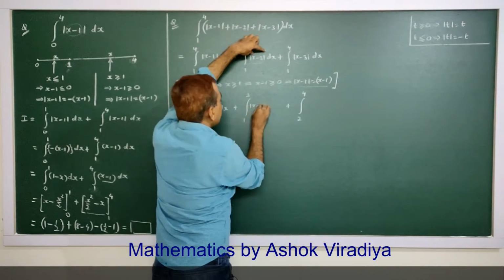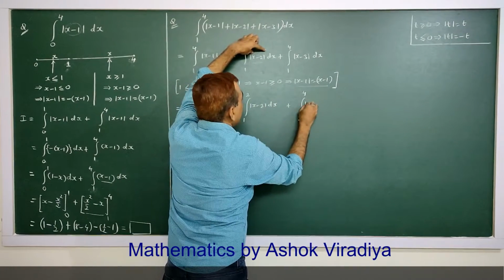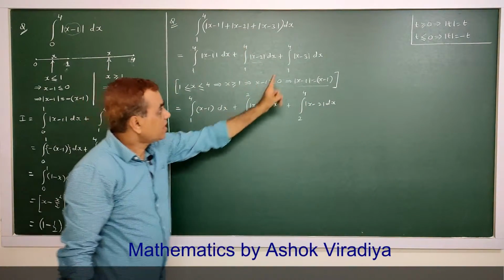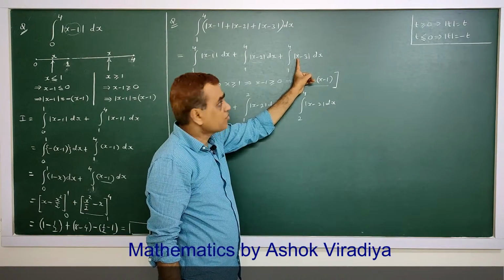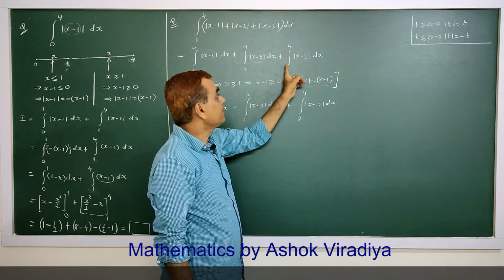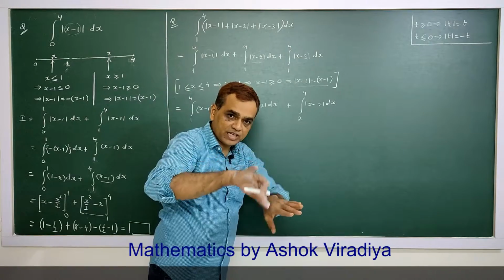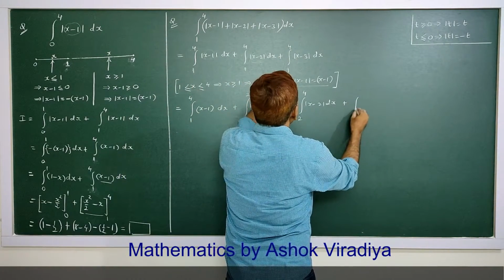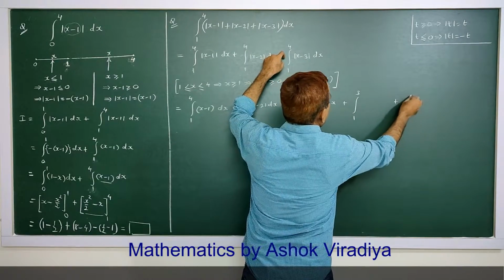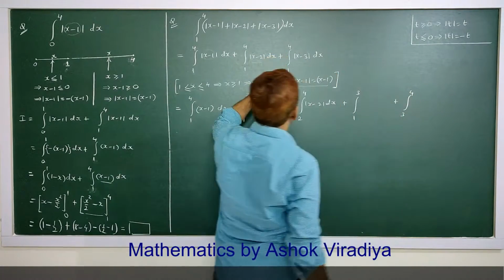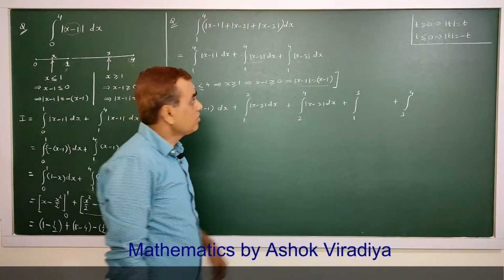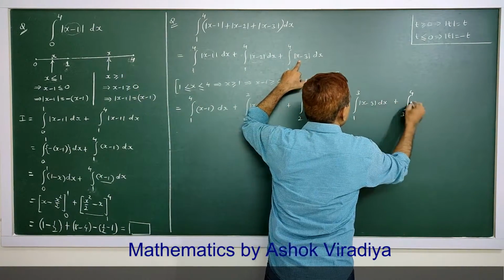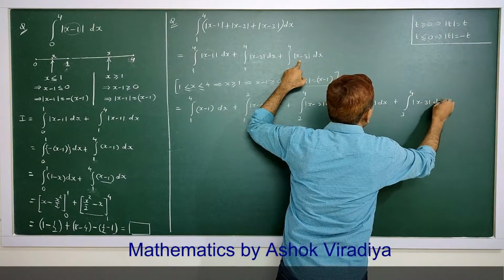Here mod x minus 2 dx, mod x minus 2 dx. Now here 3 belongs to this interval. Between 1 and 4 there is 3. So separate at 3. So plus integral 1 to 3 plus 3 to 4, mod x minus 3 dx.